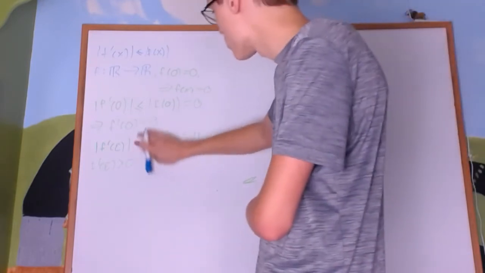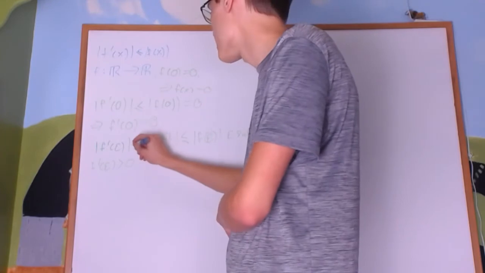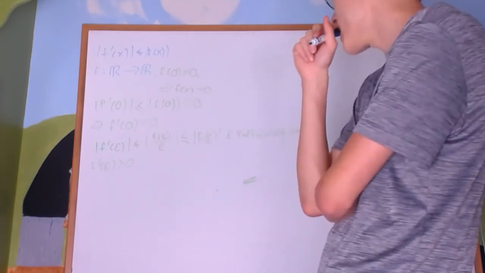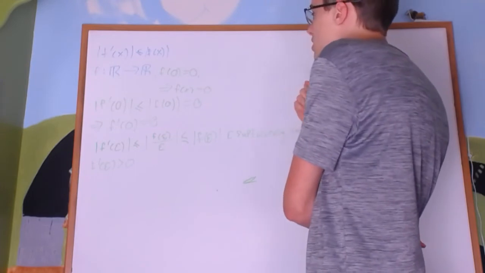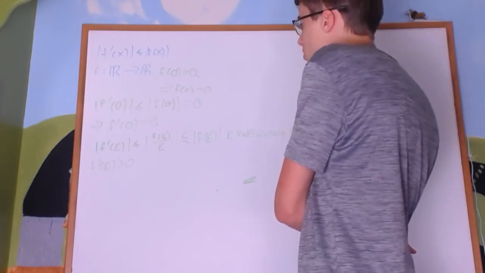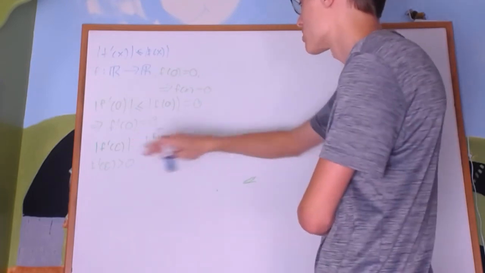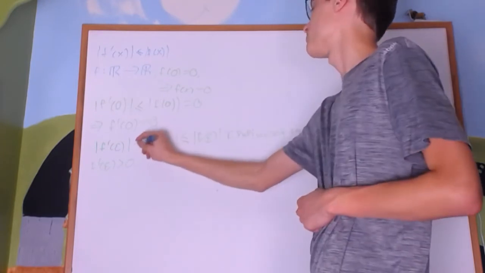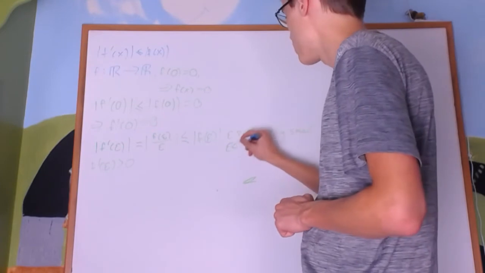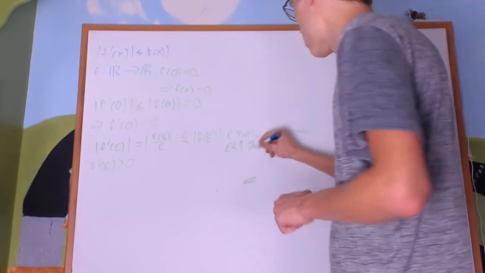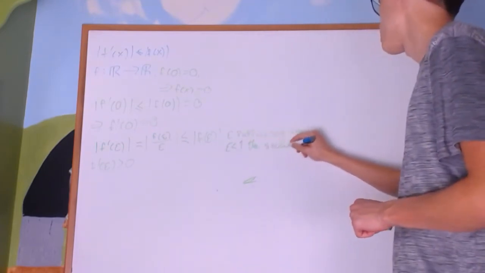Basically, I want to show that f prime of epsilon is less than or equal to f of epsilon over epsilon for a sufficiently small one, or that it has to be. So if epsilon is less than 1, the second inequality is not true.